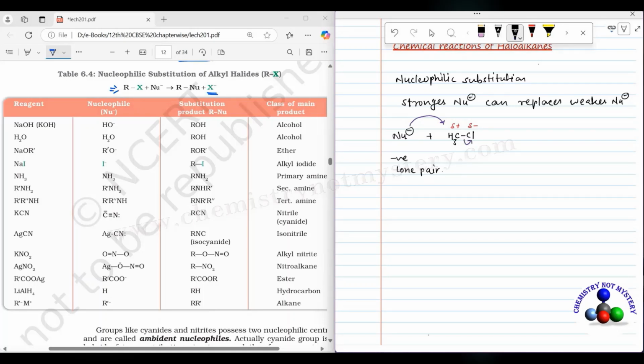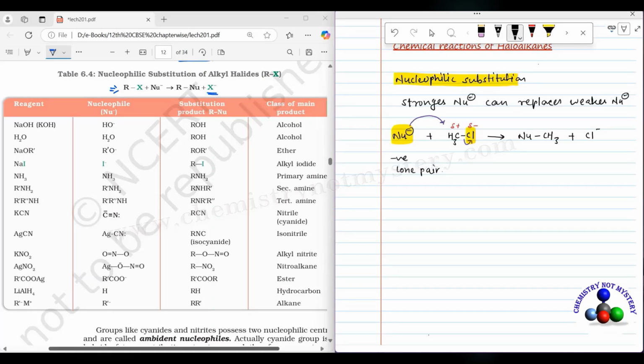As a result, you will get the product. Here the nucleophile will make a bond with the methyl group and chlorine is removed in the form of chloride ion. So in this reaction, the nucleophile replaces chlorine. That's why the reaction is called nucleophilic substitution reaction.